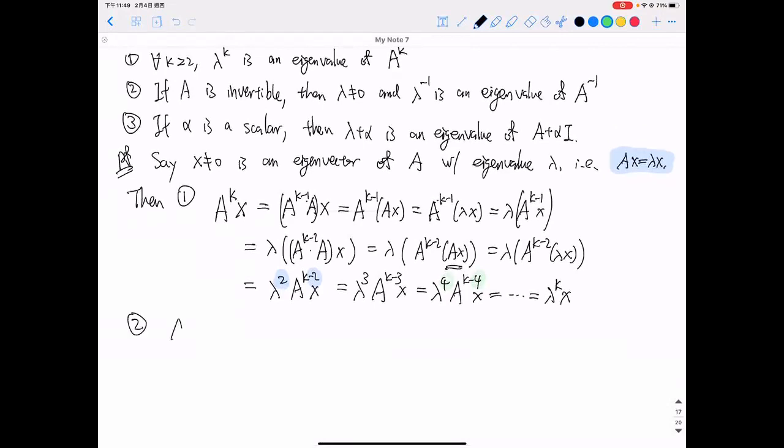Now we move on. If A is invertible, then we can do the following. We can multiply the equation by A inverse.